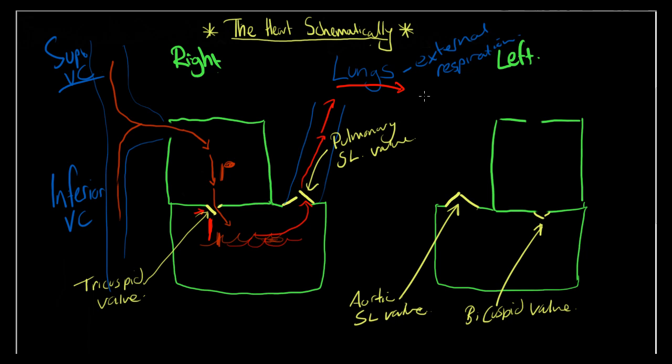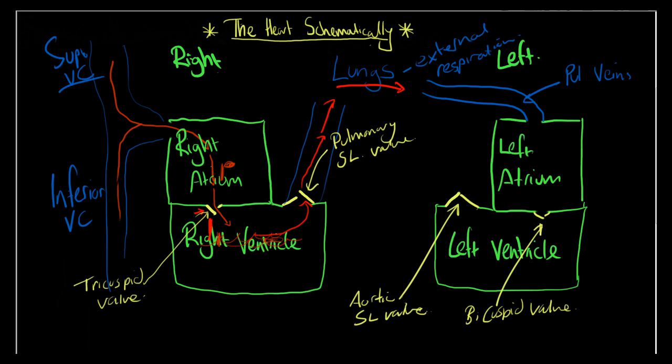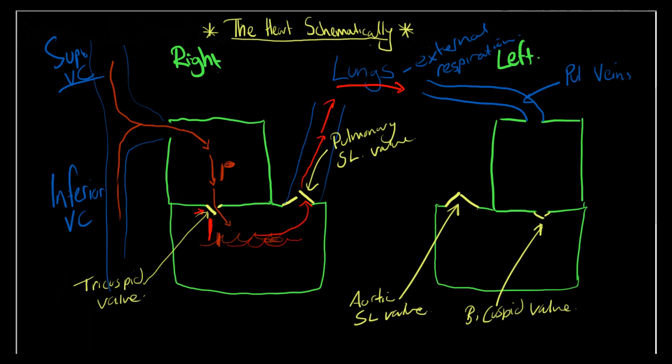Okay. And then when we come out from the lungs, we are now in a vein because we're returning towards the heart. So we're in our pulmonary veins. And we go into this vessel here, which, as we know, is our left atrium. And our left ventricle is underneath.